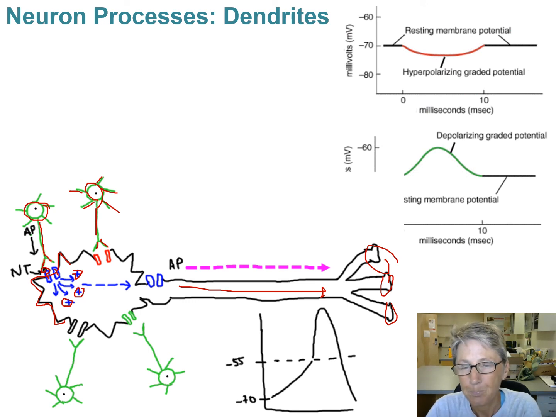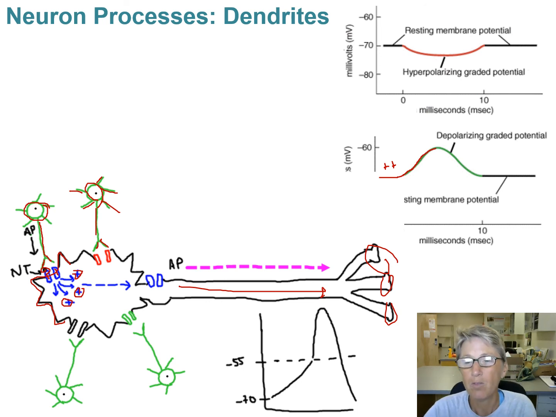The resting membrane potential, which is here, starts to become depolarized, or we could say less negative or more positive, as those positive sodium ions are flowing into the cell. So you get this depolarizing graded potential.